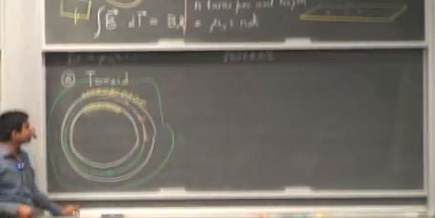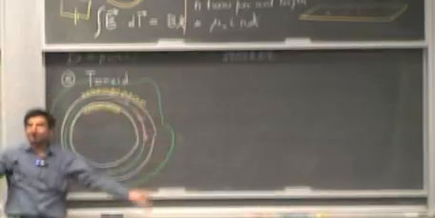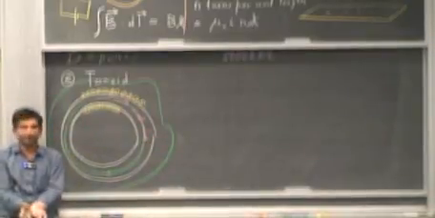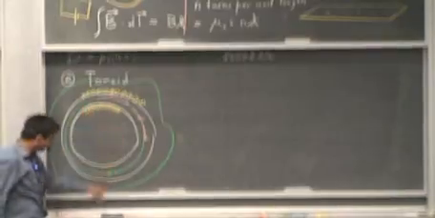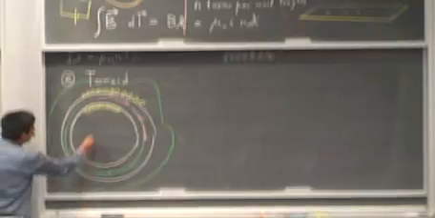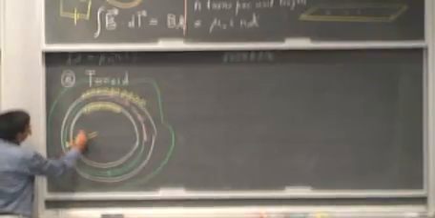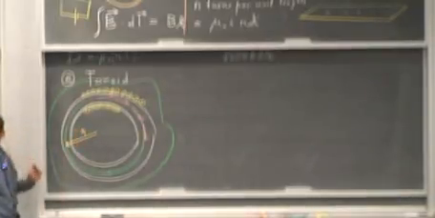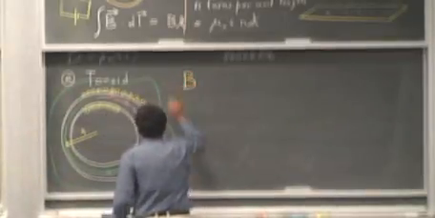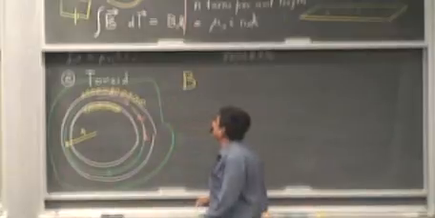This is how you can create a circular magnetic field pattern, and this is what is used in fusion reactors. Now if I would like to calculate B dot dl, suppose this radius is r of this path. Suppose the magnetic field is B, and B and dl are always parallel to one another.